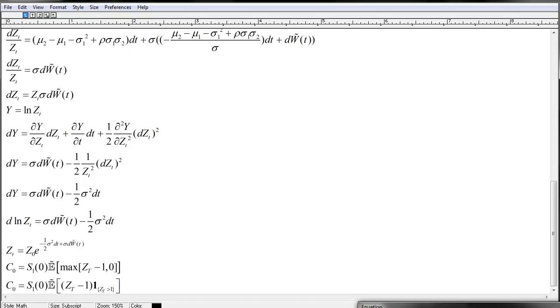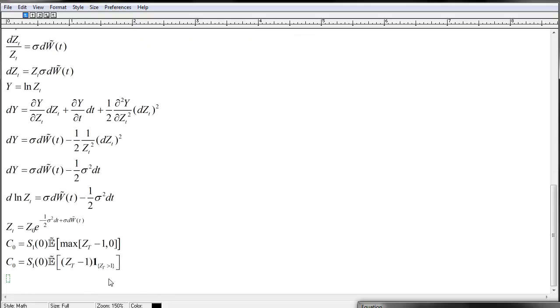Which means that if z of t is greater than 1, then this function has a value of 0, and we focus on this area. Basically it replicates this maximum.